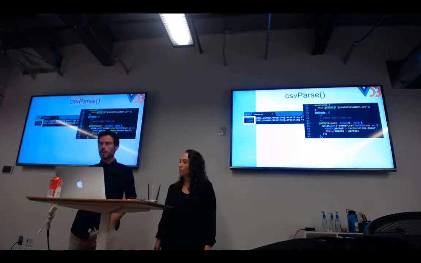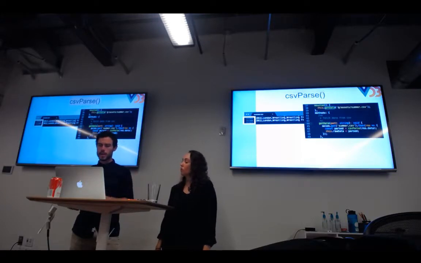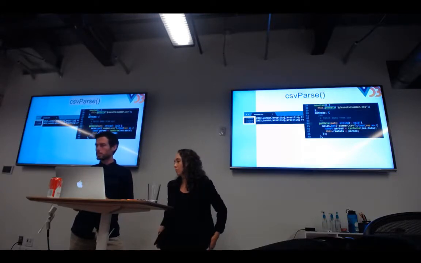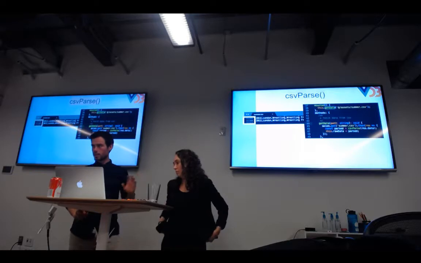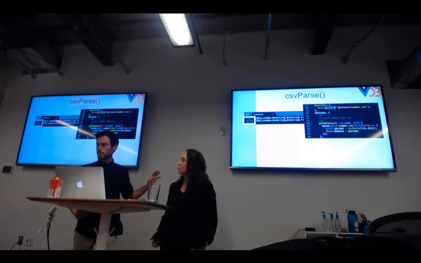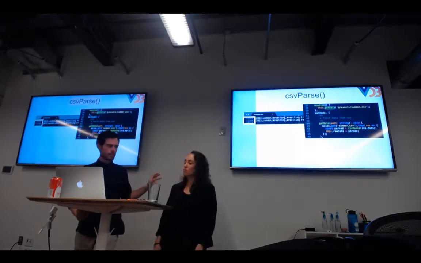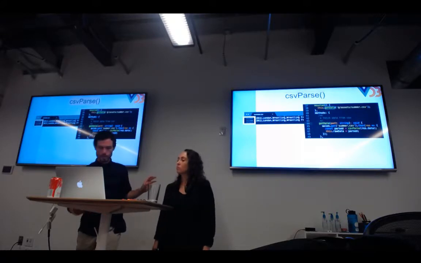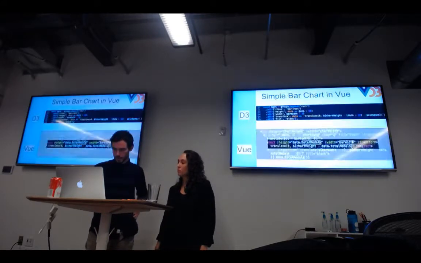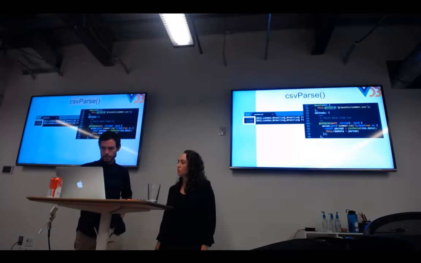So D3 is a bunch of different libraries collected into one. One of the D3 packages is a CSV parser. So they're not all DOM manipulation, which is important to know because that's what we're talking about next.